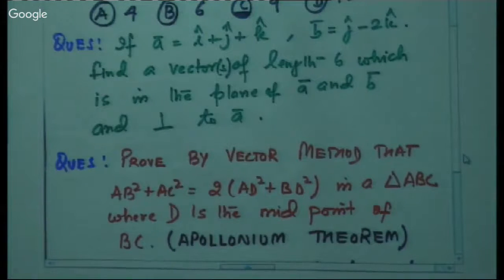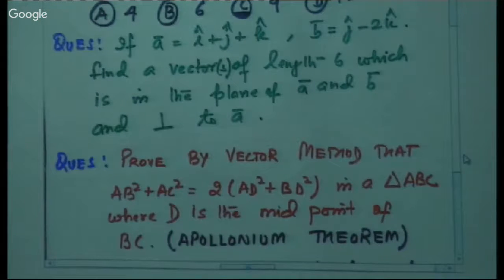This is my x vector, which follows the same condition, that my x vector is coplanar with a and b, and perpendicular to a. I know this is my orthogonal projection OP. What is the orthogonal projection? a dot b upon mod a square, a. This is your orthogonal projection.